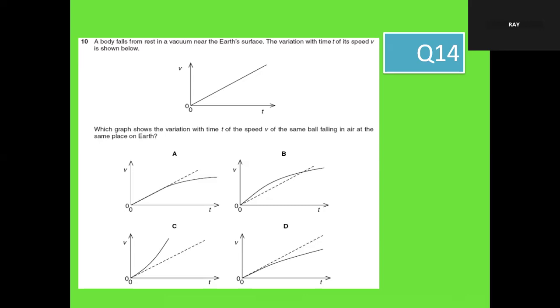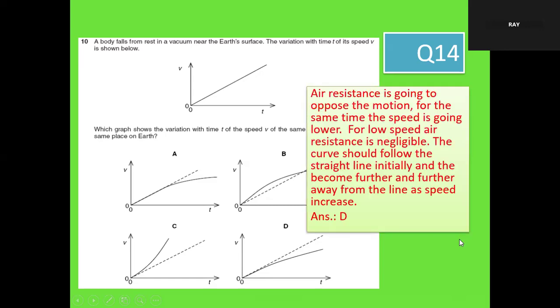A, no, it cannot be a straight line here. It's only straight initially. After that, it goes further and further away until it becomes constant, the terminal velocity. But isn't A and D kind of the same?